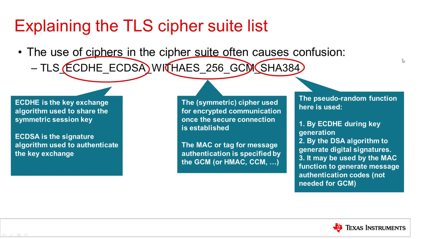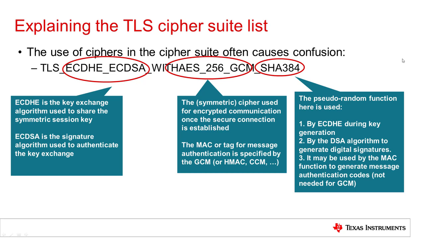ECDHE_ECDSA refers to the key exchange algorithm that's going to be used to share the symmetric session key between the client and the server. And then it also refers to the digital signature algorithm that will be used to help authenticate the key exchange. The next part of the string with AES 256_GCM refers to the symmetric cipher that will be used for encrypted communication once the secure connection is established.